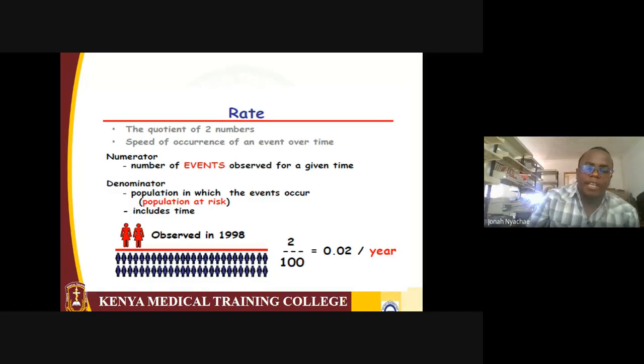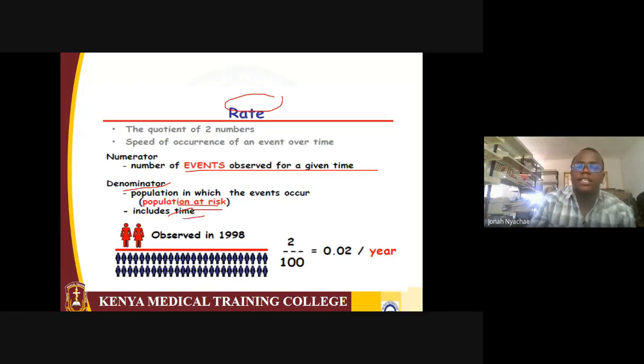The numerator is the number of events observed over a given time, for example 2 girls observed in 1998. The denominator, when you're talking about rates, is the population in which the event occurs, or the population at risk, and it also includes time.